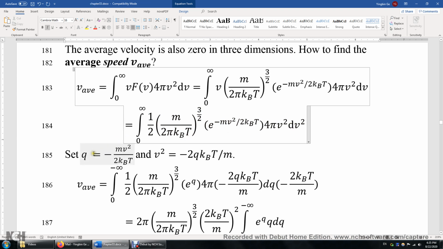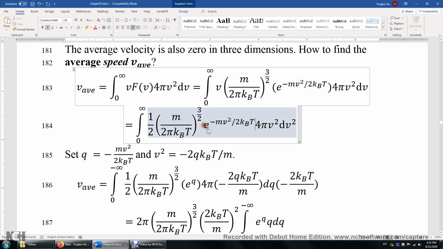And then we set q to be negative mv² over 2kBT. This is variable substitution. All right, so in this case, we change this part. We simplified this Gaussian function to a simple exponential function.